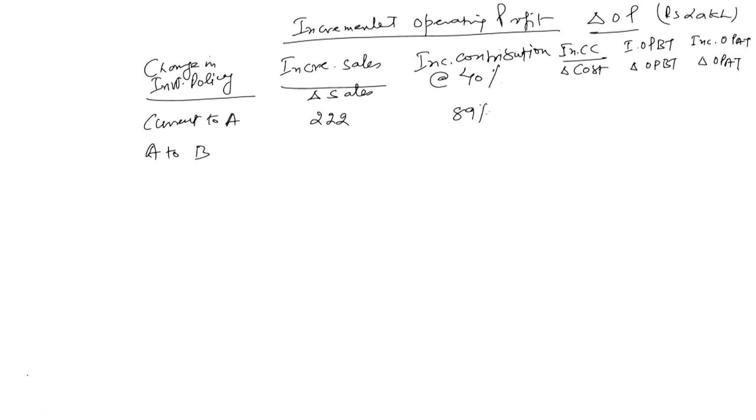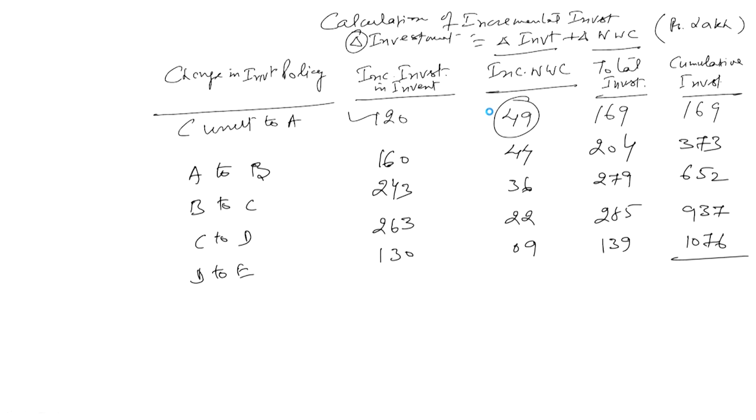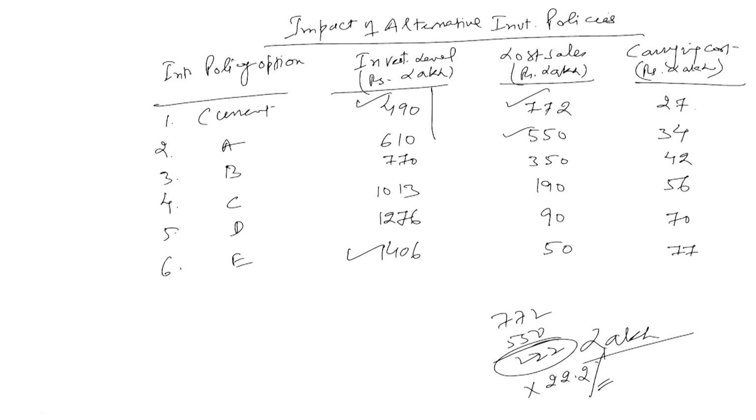And how much is the incremental carrying cost? Carrying cost is given here. It is 27 lakhs when we have the current inventory policy and are losing sales of 772 lakhs. But when you move from the current policy to A, your sales will increase, investment in inventory will increase, net working capital will increase.